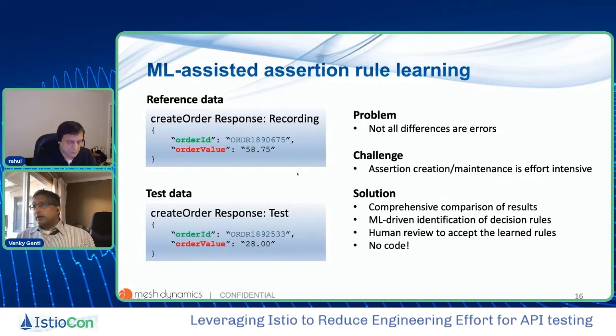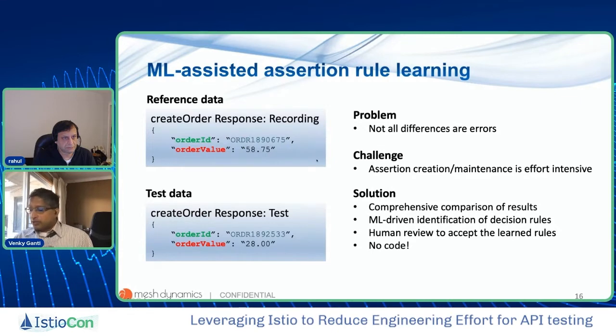Assertions like that are again automatically learned by the Mesh Dynamics system based on the data that we have, and we expose them as candidates. Developers can review them, bless them, and modify them if they need to, either through the UI or from the backend, whichever way they feel comfortable, and get the behavior that they need.